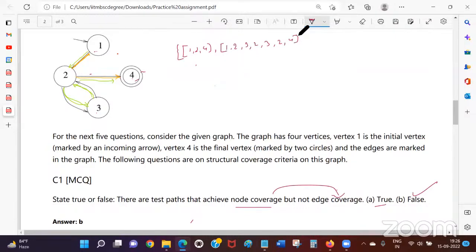Does it cover all the nodes? Does it have node coverage? What is the node coverage criteria? You should cover 1, 2, 3, 4. So 1, 2, 3, 4 is already covered, and node coverage is done.